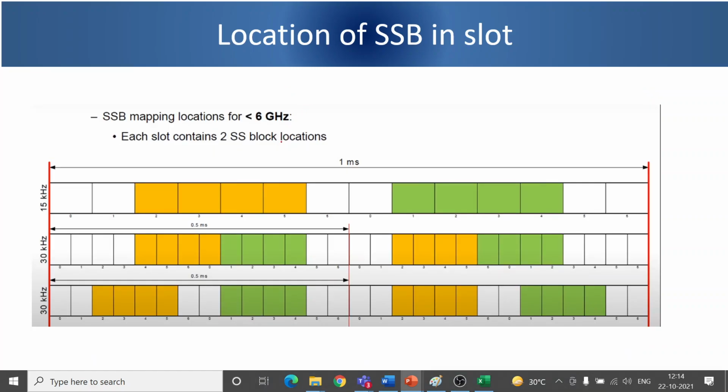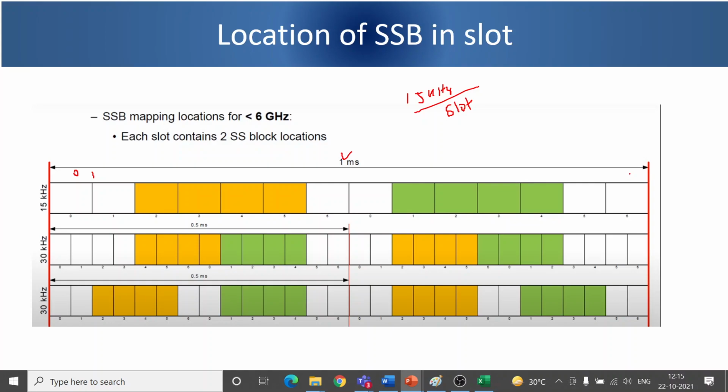Just see what I was talking about. Suppose in case of 15 kilohertz, as you are aware, our slot size is 1 millisecond, and within a slot I have 14 symbols, 0, 1 up to 13.